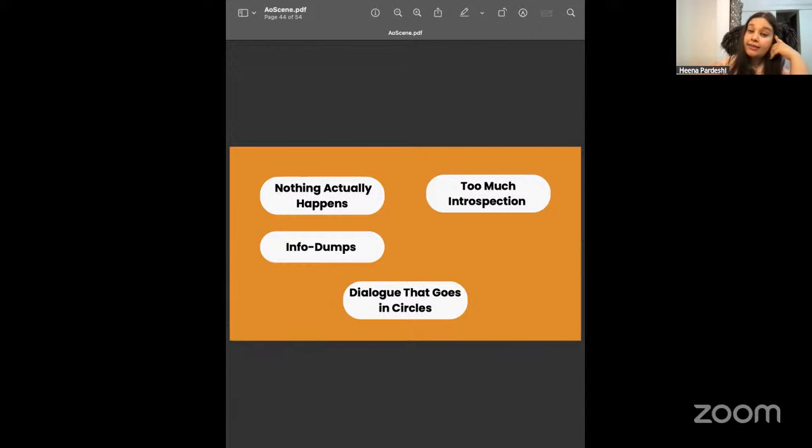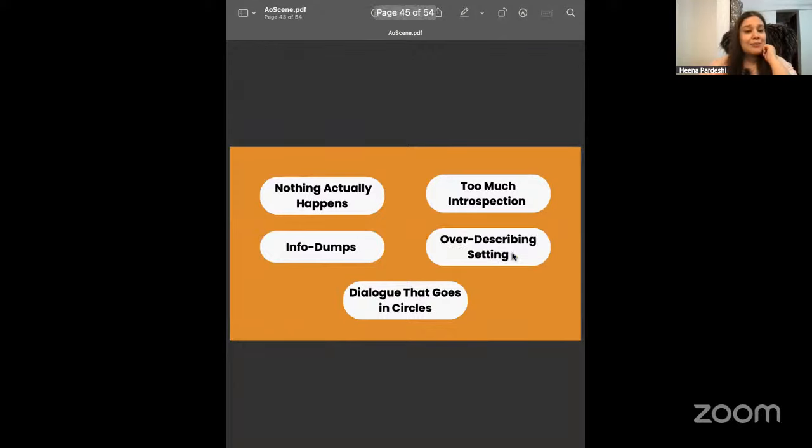You can anchor introspection to a discovery, a realization, a memory that changes something, an emotional decision, a new resolve. Inner life must lead to movement, not stagnation.